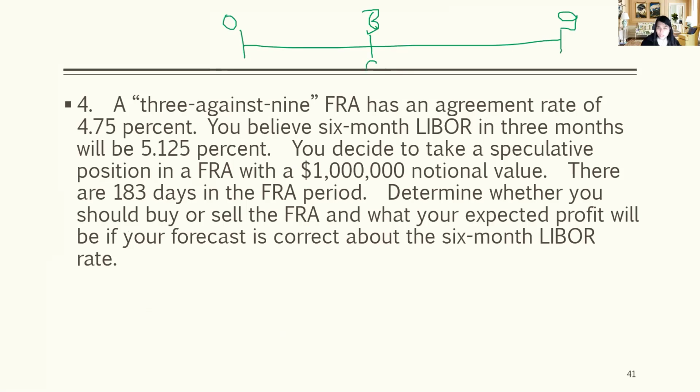That means the contract is going to be settled in 3 months' time, and the interest is going to be calculated over the period from month 3 to month 9. The agreement rate for the FRA is 4.75%.